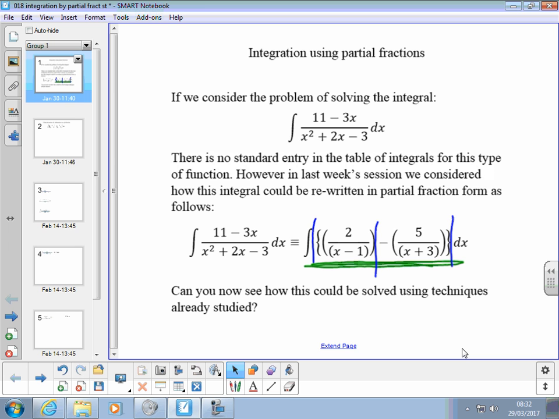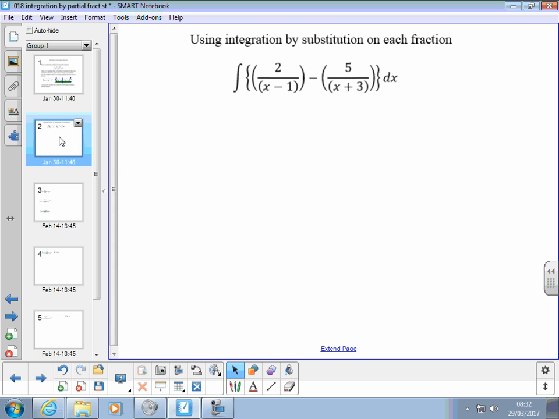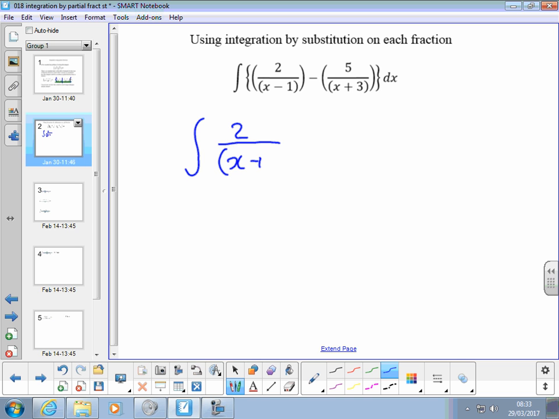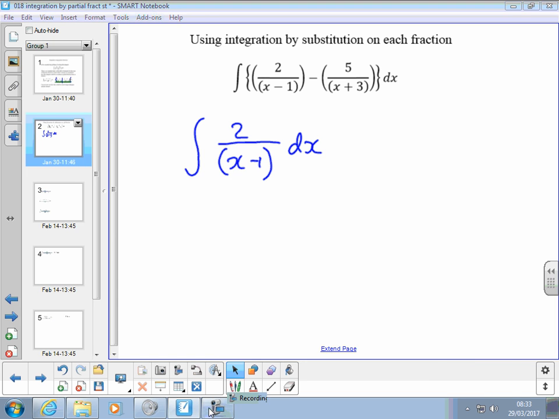Okay, so we'll have a look at how we can do that now. So can we remember how we do integration by algebraic substitution? If we look at this half first, the integral of 2 over x minus 1 dx. Just pause that for a minute.